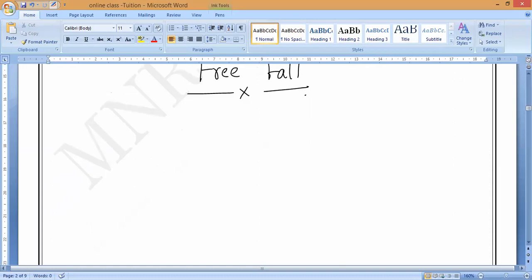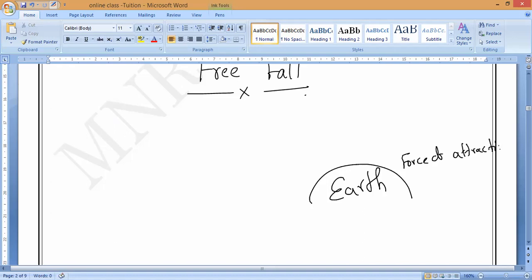So what is free fall? The Earth is exerting the force of attraction, which is gravitational force.